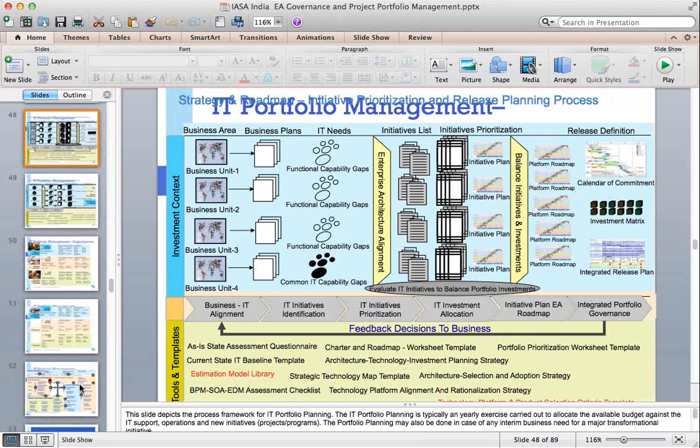So they have multiple business plans, and then the EA team, the enterprise architecture team, and also the portfolio managers will look closely at the IT needs, identifying the functional capability gaps. That's why it's very important to adopt frameworks, identify a capability model, and then implement it using this portfolio.